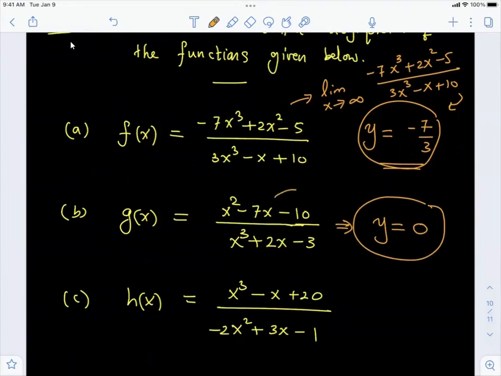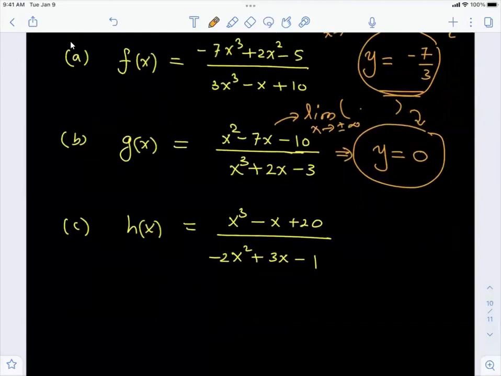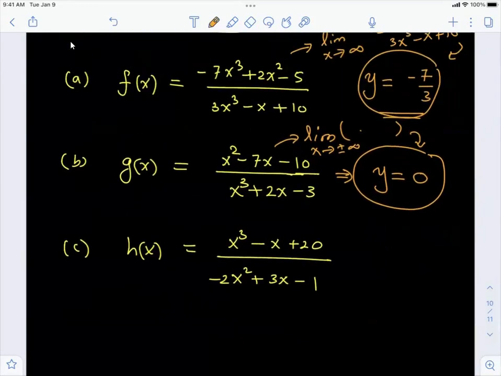Again, I recommend you do the limit computation, limit as x goes to either positive or negative infinity. It doesn't really matter. Look at the function and compute it, and that's what you're going to get. And this third scenario is where you have a larger power at the top and a smaller power at the bottom. Now, if you think about this, can you end up getting a finite value just like these two cases?